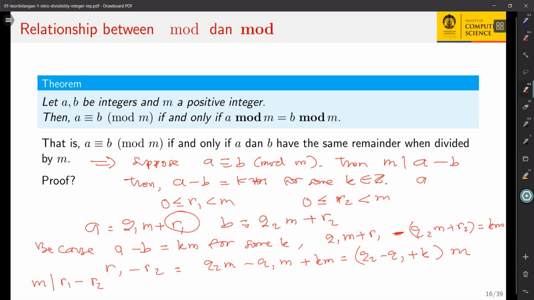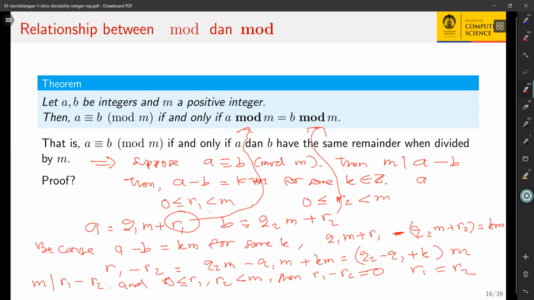Therefore, if 0 is less than or equal to R1 and R2 less than M, then of course R1 minus R2 can only be 0, right? So therefore R1 is equal to R2, which is R1 is A mod M and R2 is B mod M. So that's how we show that, right?